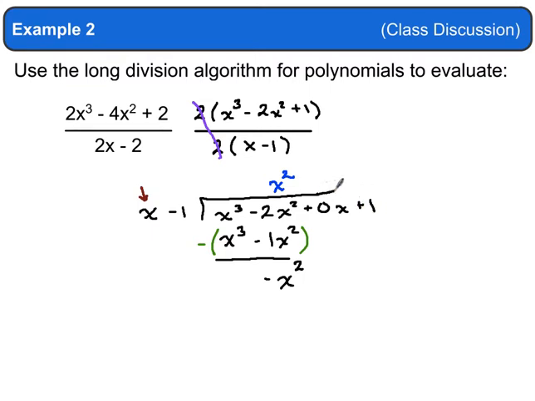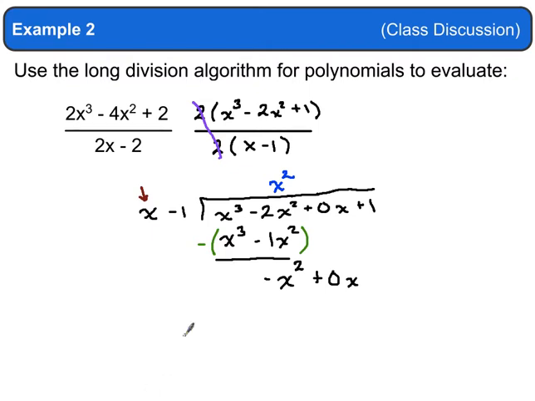We do need every part of the function to be present as a countdown, right? 3, 2, 1, and then no variable. So we do want all of those there. The reason is because now we're going to bring down 0x. We need that.